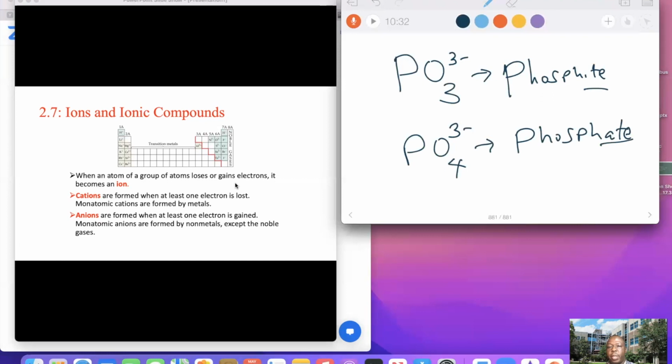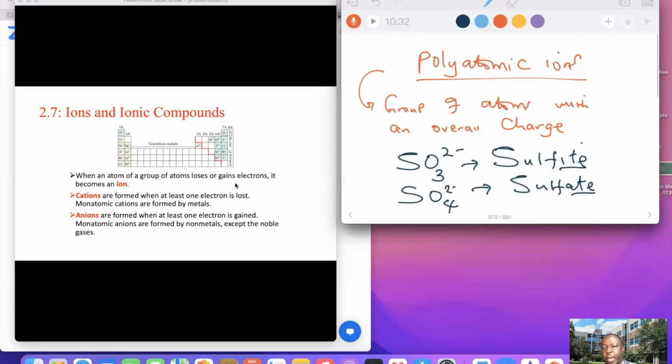Let me stop here and point out the naming criteria. If you look at the series, the one with fewer oxygens ends with ITE, and the one with additional oxygen, a greater number of oxygens in that series, ends with ATE. It doesn't have to be 3 oxygens or 4 oxygens. No, you have to look at the series.